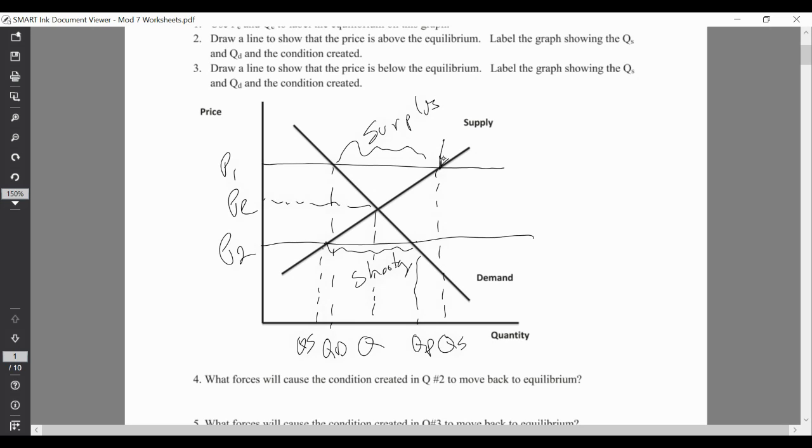If we look right here, this is the amount of quantity supplied. Over here, you get quantity demanded. So quantity supplied up here is greater than quantity demanded. And then down here, you get the quantity demanded and the quantity supplied right here. So that's your shortage. You get a shortage when quantity demanded is greater than quantity supplied.